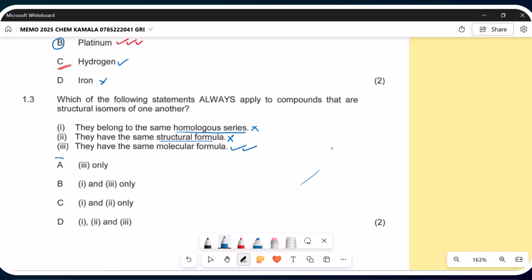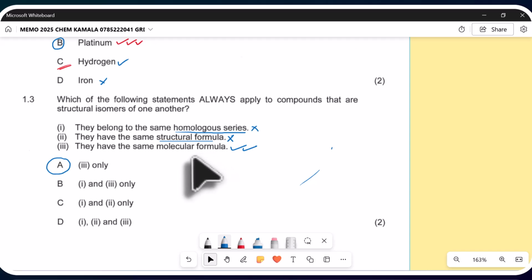By the way, for your information, we have three types of structural isomers. One type is chain isomers, which are organic molecules with the same molecular formula but a different continuous chain. Another type is positional isomers, which have the same molecular formula but a different position of either the functional group or the branch.